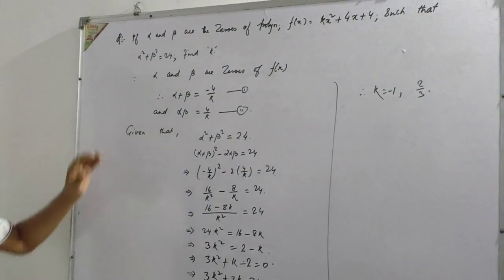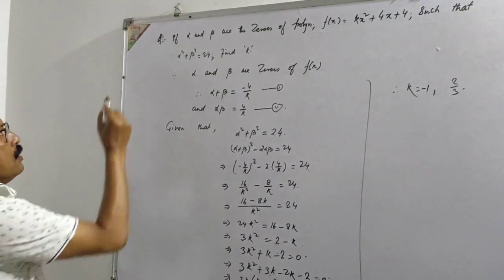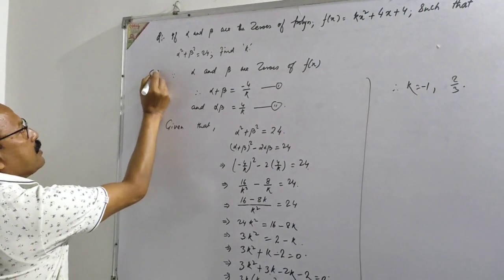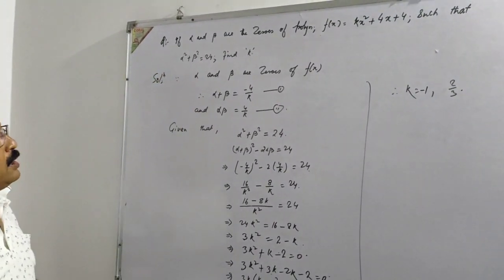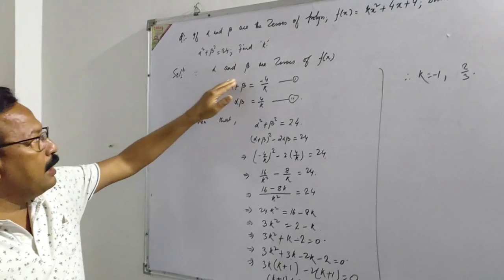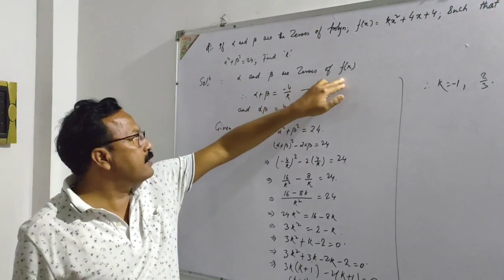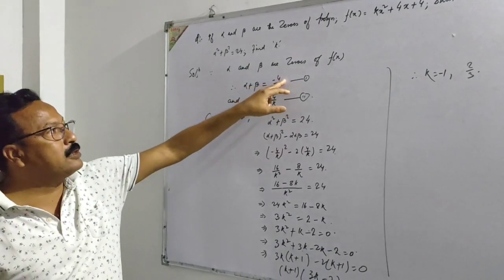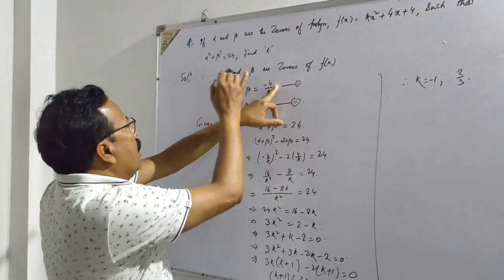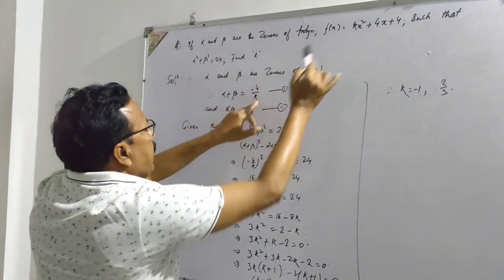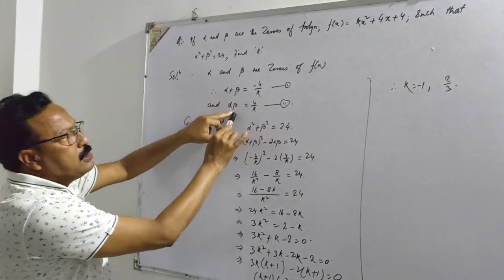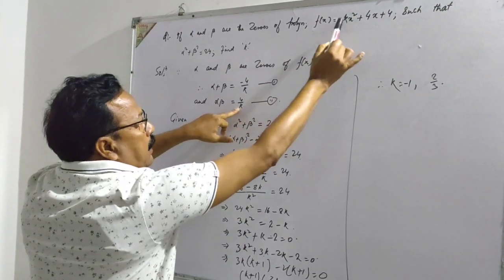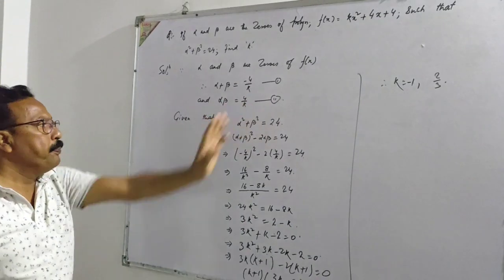Here is the solution of the question. Since alpha and beta are the zeros of f(x), the sum of the zeros, alpha plus beta, must be minus 4 upon k, and the product of the zeros must be c by a, meaning 4 by k.